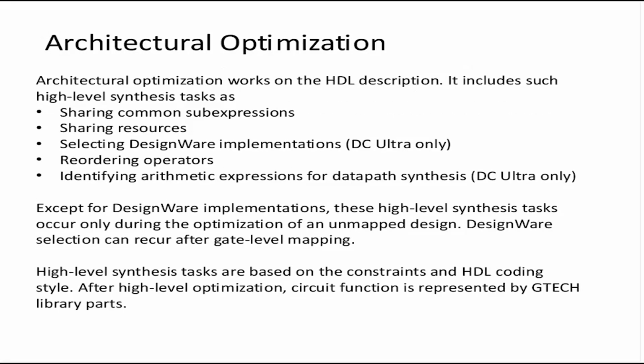So the architectural optimization works directly on the RTL description. It will include a lot of high-level synthesis tasks such as resource sharing and sharing common sub expressions. These two will result in lower area, obviously, because let's say you have multiple adders in your RTL description.